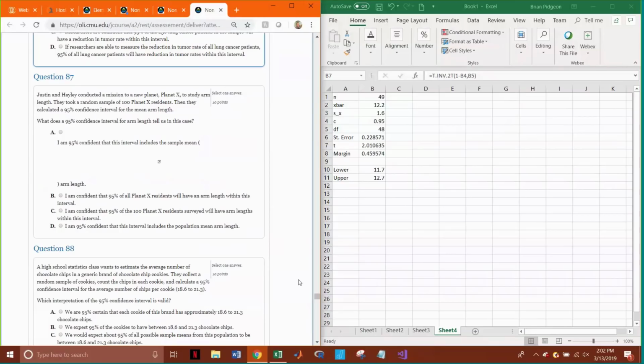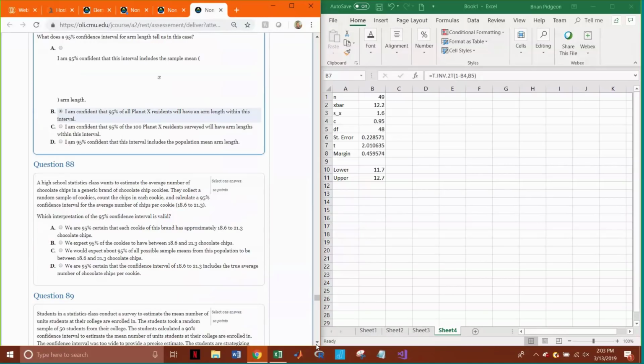So Justin and Haley conducted a mission to a new planet X to study arm length. They sample 100 planet X residents, then they calculate a 95% confidence interval. So what does it tell you? Well, it says I am 95% confident that all of planet X residents will have an arm length within this interval.